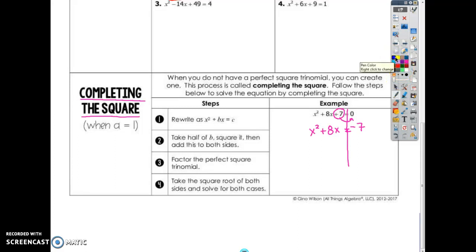Okay, step number 2. Take half of b and square it. Toma la mitad del 8 y toma el cuadrado. So half of 8 is 4. Right?